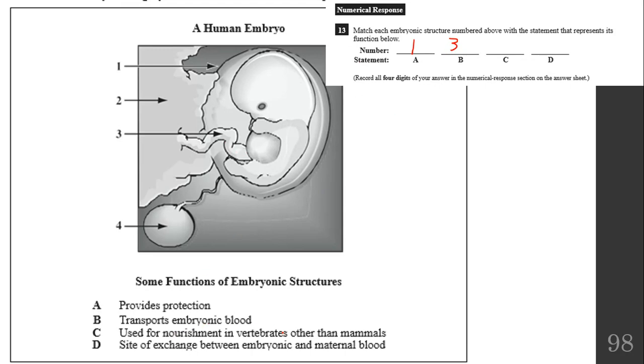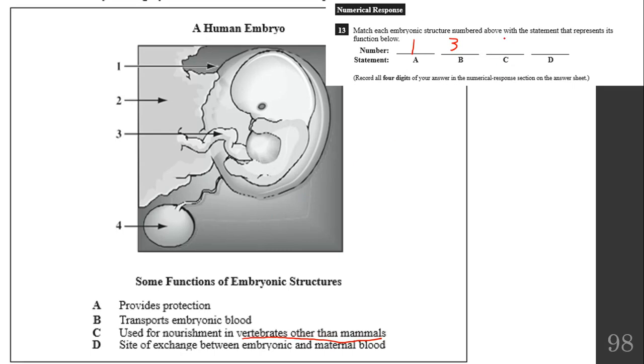Used for nourishment in vertebrates other than mammals. So vertebrates other than mammals, things like birds, fish, okay, that sort of thing. And they would need a yolk sac, right, or a yolk. Now in mammals, we still have this yolk sac, but we don't really use it for nourishment.